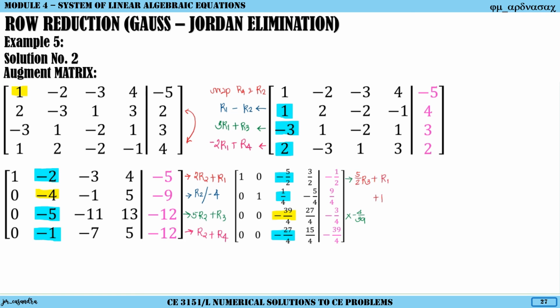This would be plus R2. This would be plus R4. Okay. This one is R3, that will be 1/4. Let's put negative there. And then this one is 27 over 4.